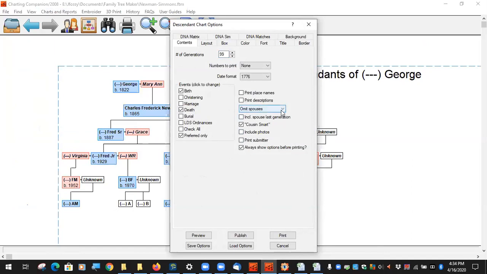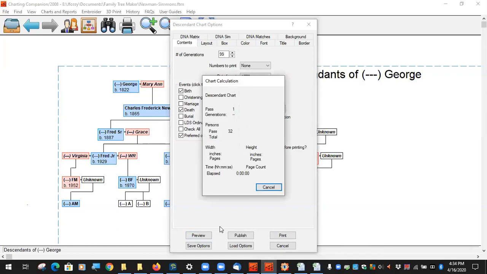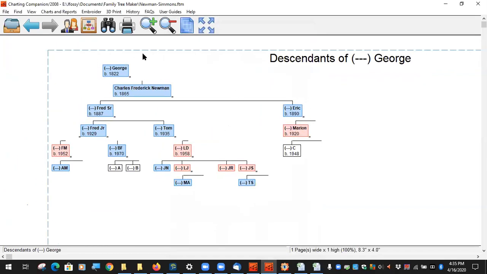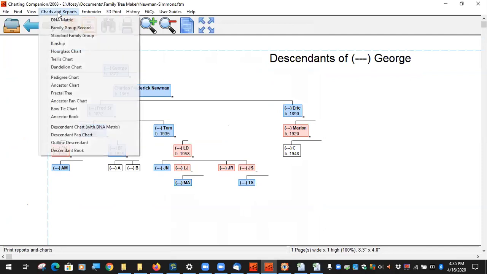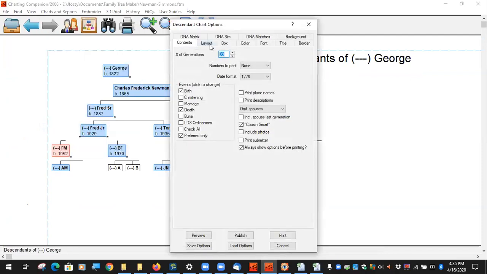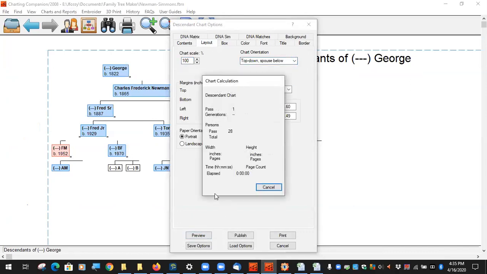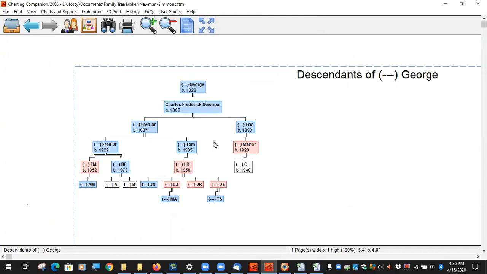That option might be checked. If I say omit spouses, then it will omit spouses. And then it gets really weird having the spouse on the same level.